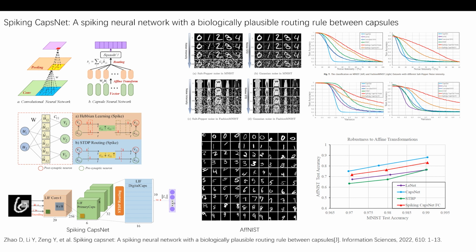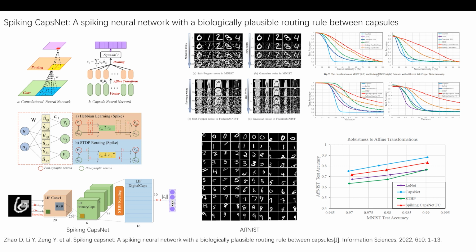As shown in the figure, when the MNIST and Fashion-MNIST datasets are added with noise, the classification performance of other algorithms degrades rapidly when the noise is high until the classification ability is completely lost. However, our Spiking CapsNet algorithm shows strong noise robustness in the face of noise on both datasets.